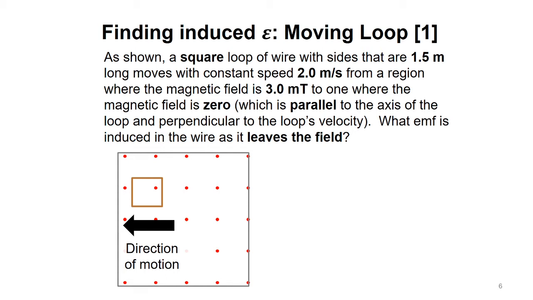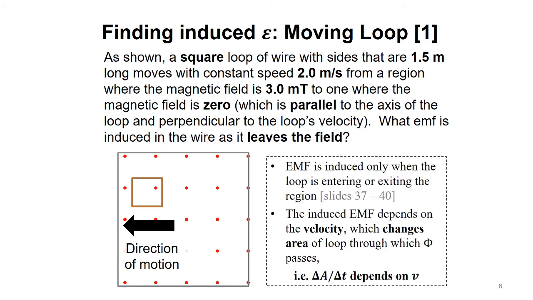Inside the box the field is 3 millitesla, outside the box it is 0. The loop is flat, so the axis of the loop is parallel to the direction of the field. We are trying to find the EMF as the loop exits the box. So let's set up our argument here.